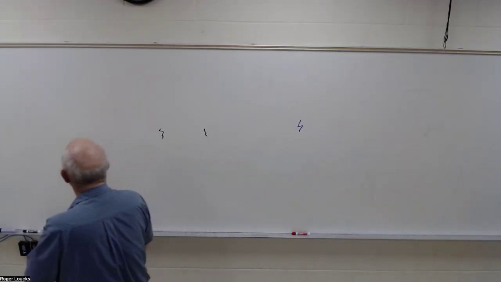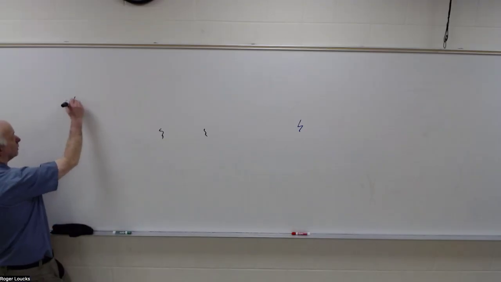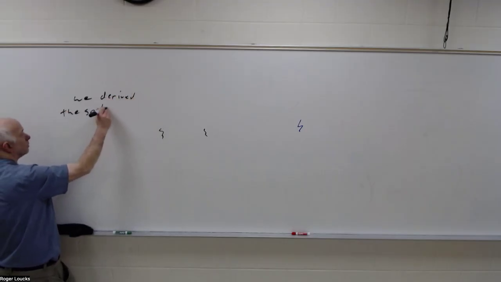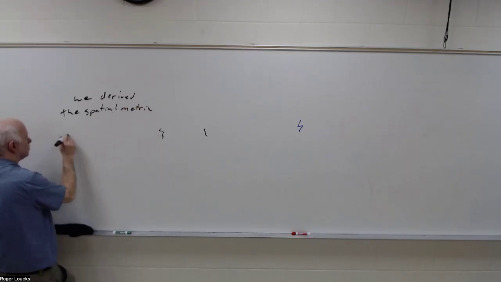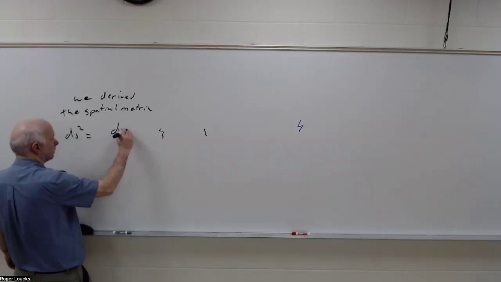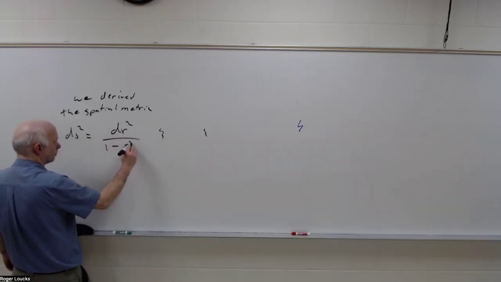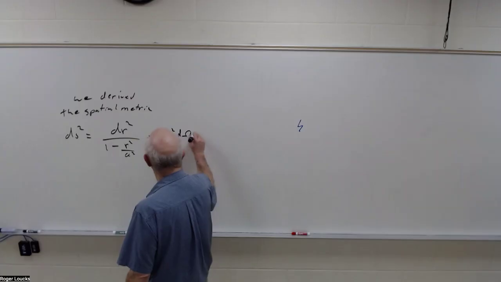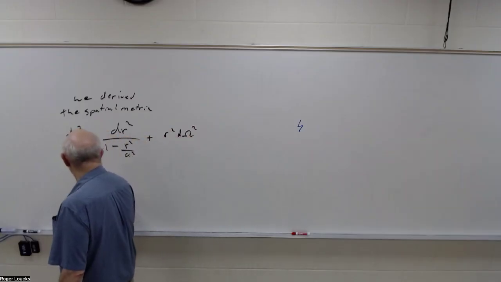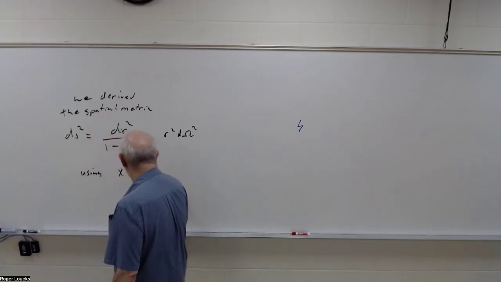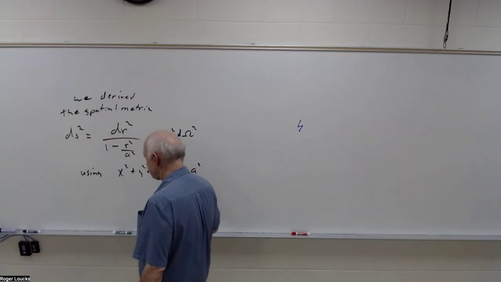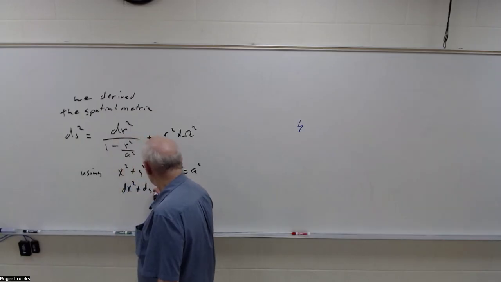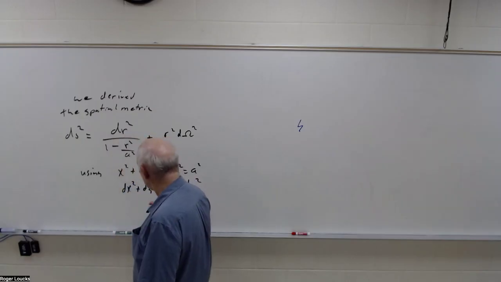What we had before is we derived the spatial metric, ds squared equaling dr squared over (1 minus r squared over a squared) plus r squared d omega squared, using x squared plus y squared plus z squared plus w squared equals a squared, and dx squared plus dy squared plus dz squared plus dw squared equaling ds squared.